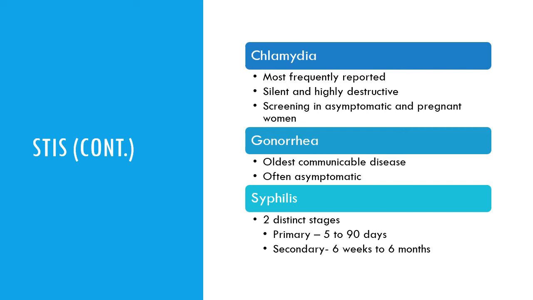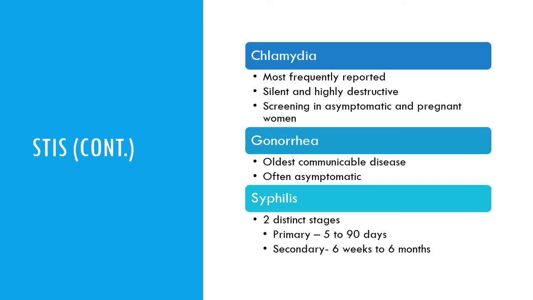So the first one we're going to talk about is going to be chlamydia. This is the most frequently reported. Most cases are asymptomatic. So a lot of patients do not know that they have this. Therefore, it's silent and highly destructive. Some complications that can come along with this include salpingitis, or pelvic inflammatory disease.